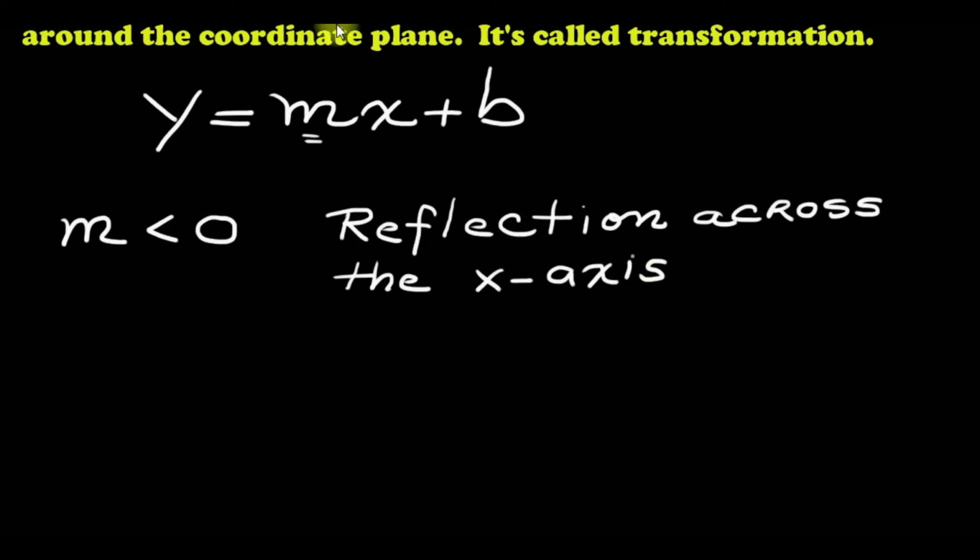Again, if the slope is a negative number, you have a reflection across the x-axis.